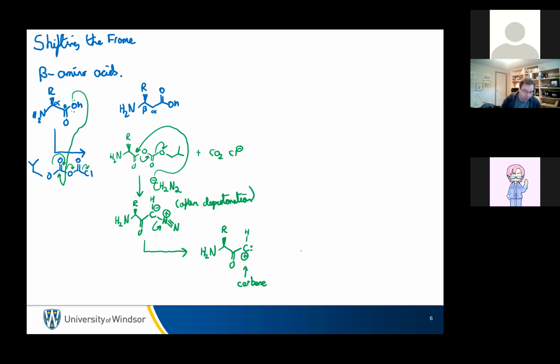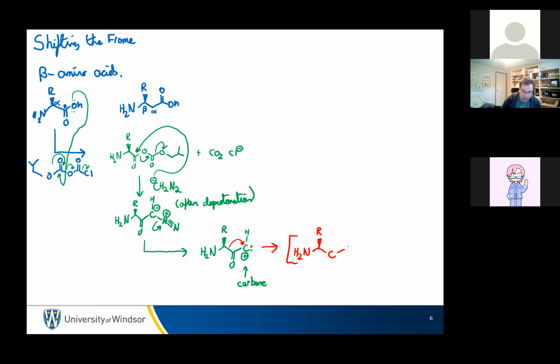And what does that do? Change the color for the arrow here. Just going to draw a single arrow to demonstrate the intermediate, because this is a what the hell just happened here moment. So we made a new bond to the carbon.